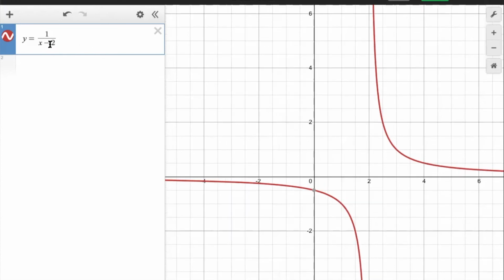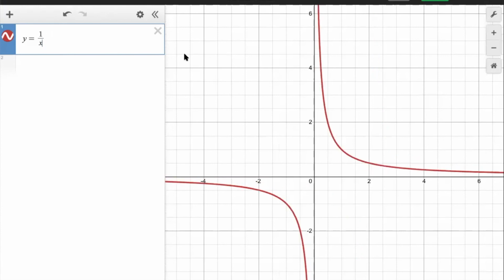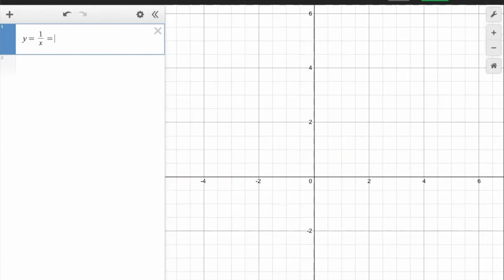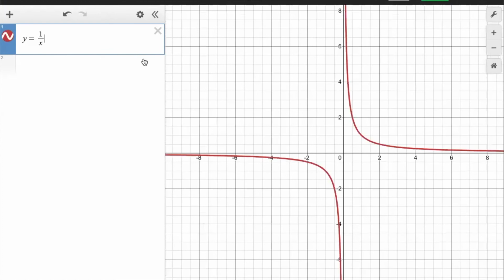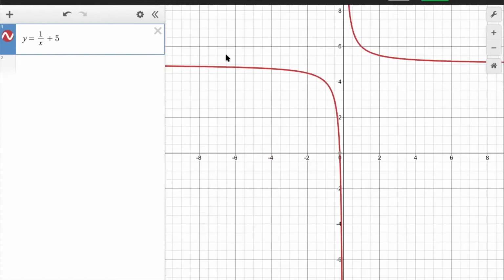Another thing I want to explore is if we add a value. Right now we can see that we're centered at the origin. So what happens if we add a value to our function? Let's say plus 5. Notice how our entire graph shifts up 5 units and our horizontal asymptote has moved with it.